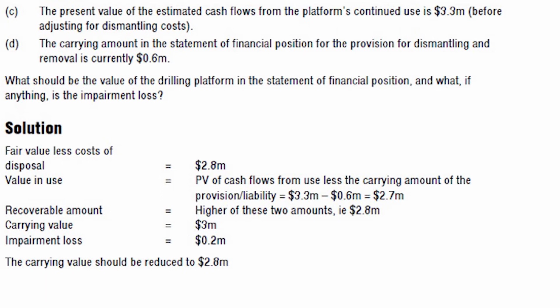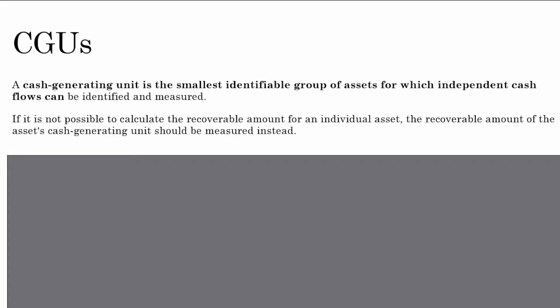Right, so next and the last topic that is really important in impairments is something called a CGU. A CGU is a cash generating unit, and this is the smallest identifiable group of assets which produce cash flows, which means that it can be any department, it can be any branch, and it consists of a group of assets which produce cash flow.